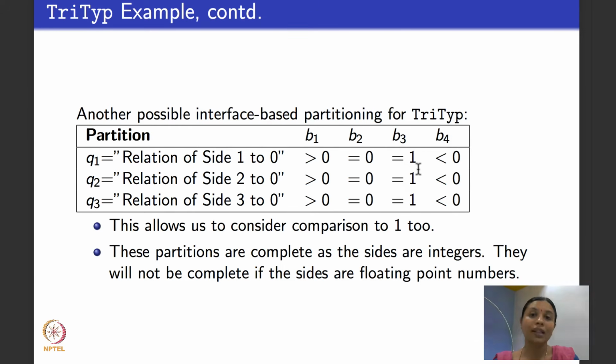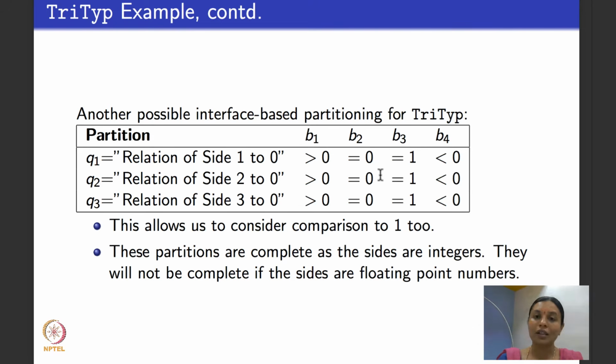Suppose I make the 3 sides of the triangle floating point numbers. Then this way of partitioning is not valid, because it will not be complete. If they are floating point numbers, none of these 4 partitions tests for the length of a side being a number between 0 and 1. Let's say the length of a side is 0.7.